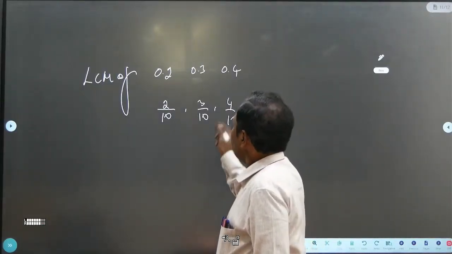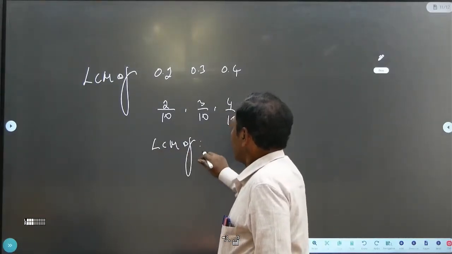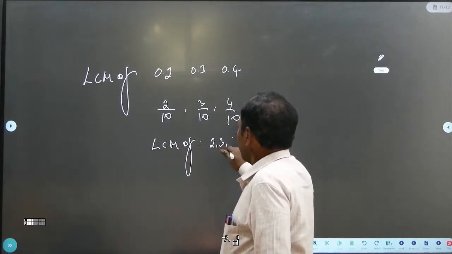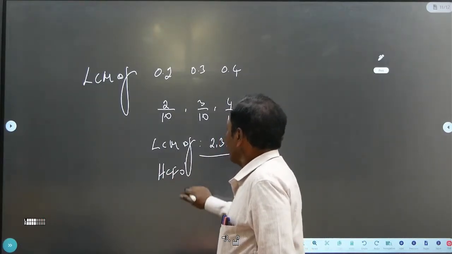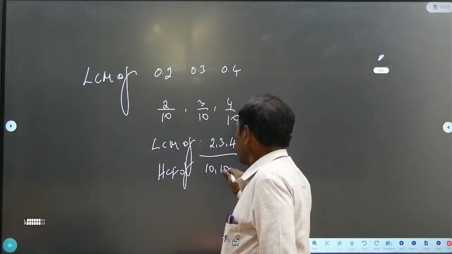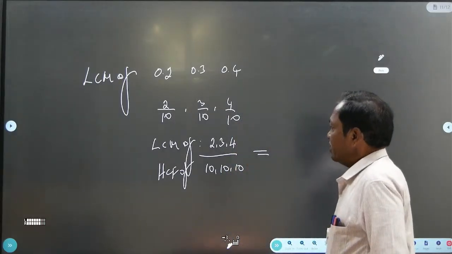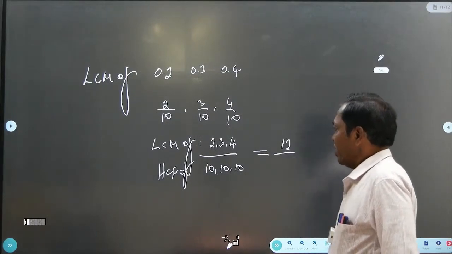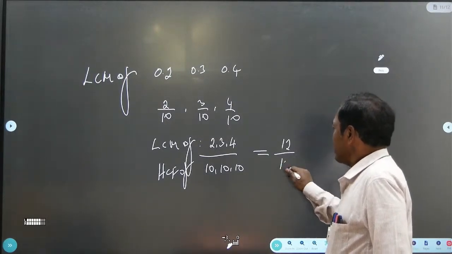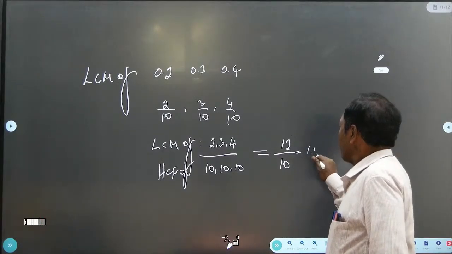So what is the LCM of the numerators? LCM of 2, 3 and 4 by HCF of 10, 10, 10. The LCM of 2, 3, 4 is 12, isn't it? LCM is 12 and the HCF is 10. It means 12 by 10, or you can take 1.2.